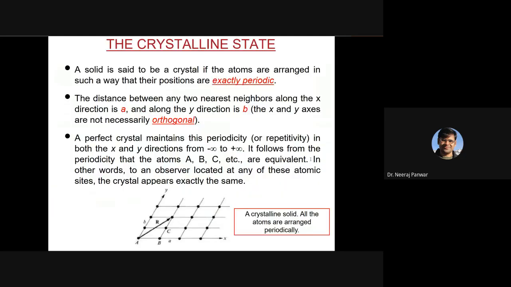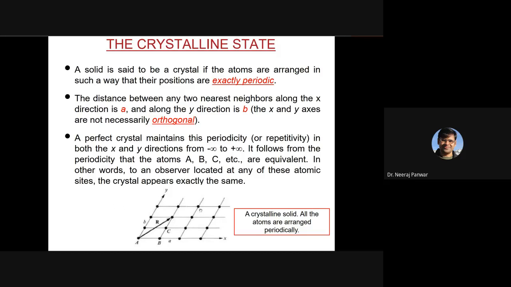Now we are going to discuss what we have described about single crystal or crystalline state in a more detailed manner. So the crystalline state: a solid is said to be a crystal if the atoms are arranged in such a way that their positions are exactly periodic.